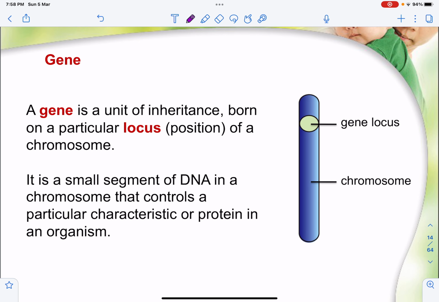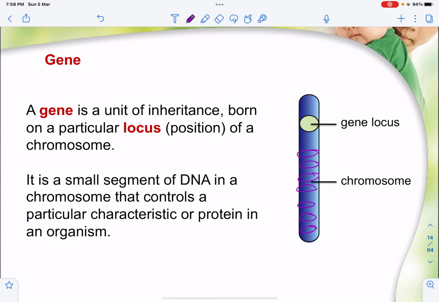So in a typical chromosome, this whole thing is one chromosome. Okay. There's a gene. A gene is a unit of inheritance found on a particular locus position of a chromosome. Meaning in a particular chromosome, you can have multiple genes.